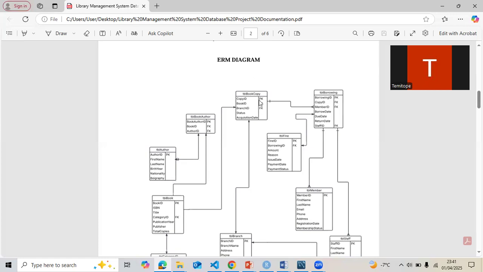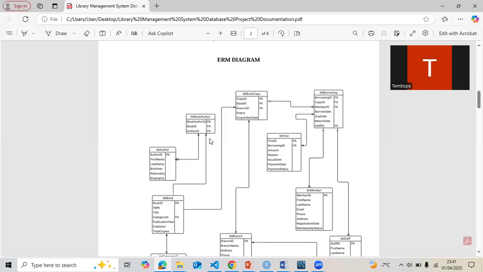So if you look at my ER diagram, let me start from this book author. You can see that we have primary key, we have foreign key. From here, the book author table has a direct relationship with the author table.